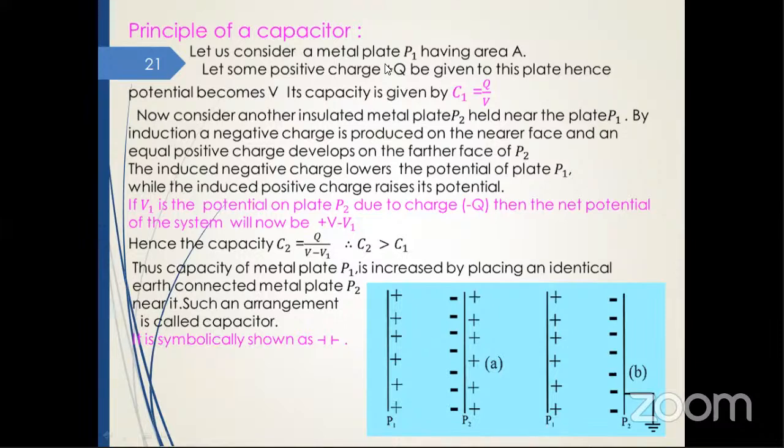Let us consider a metal plate P1 having the area A. First of all, see, this is the metal plate P1 having the charge positive Q, which is shown in the diagram also.